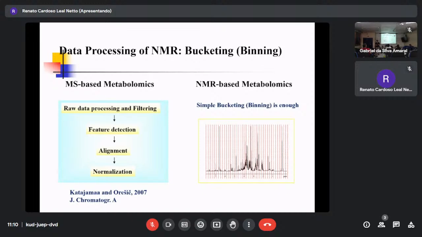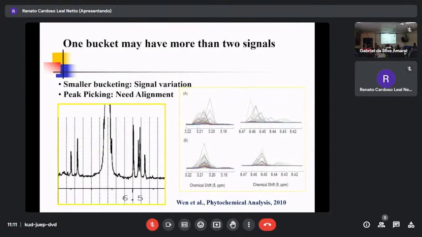But some people, instead of a very broad 0.4 ppm, use a very fine bucket size, and after this very fine bucket, you apply the alignment algorithm. That is also possible.